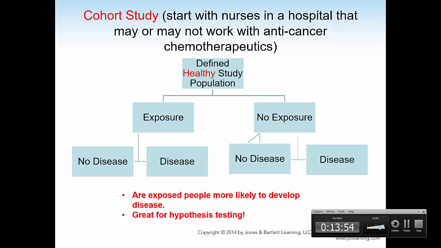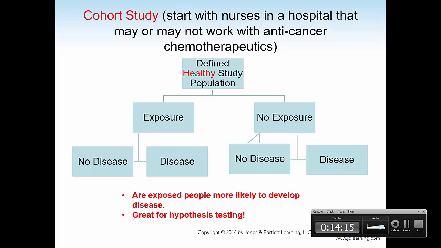So we start off, say, with a population of nurses in your hospital, okay? And let's say they all graduated from nursing school. Let's say this is the 1980s and they're fresh, they just got out of nursing school. And so we're going to study them over 20, 30 years.